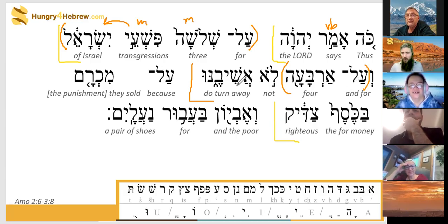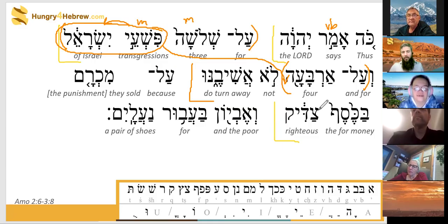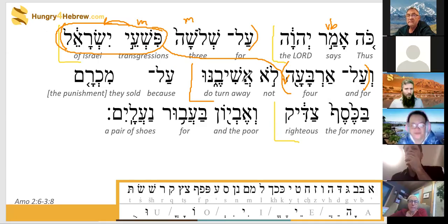So not only do we have an ellipsis with the verb saying, hey, the verb is applying to this as well, but we also have something of an ellipsis for the prepositional phrase, and we do this all the time. And because of four transgressions of Israel, lo ashivenu. All right, this is going to be the most fun, perhaps, to parse out. Anyone want to take a jab at it?